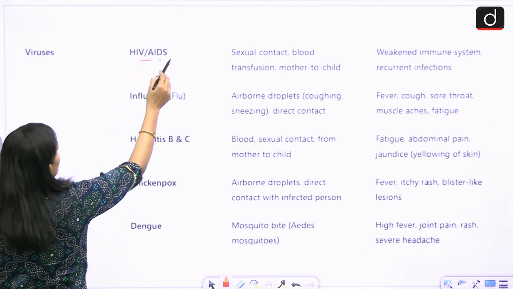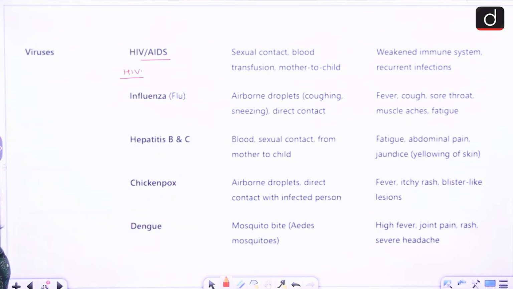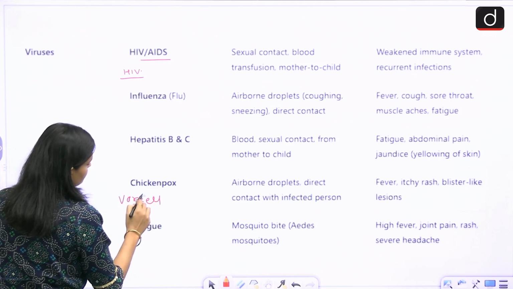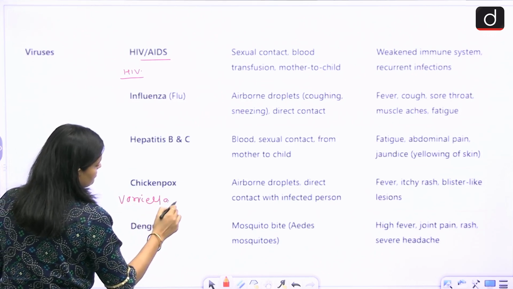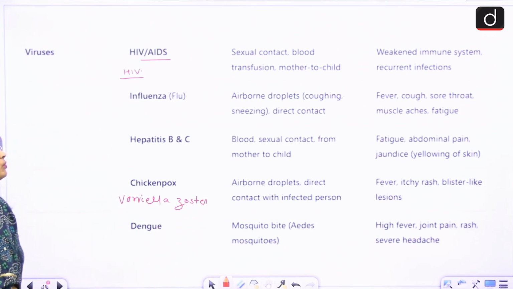Okay. Similarly, we have AIDS. AIDS is caused by the HIV virus, human immunodeficiency virus. Influenza is caused by the influenza virus. Hepatitis virus. Chickenpox is caused by varicella zoster. Dengue is caused by the dengue virus, right?